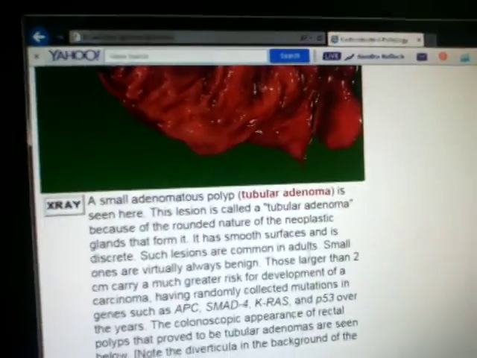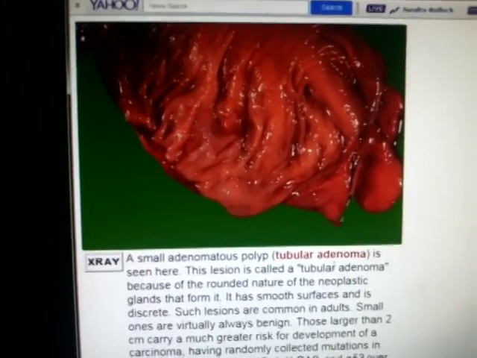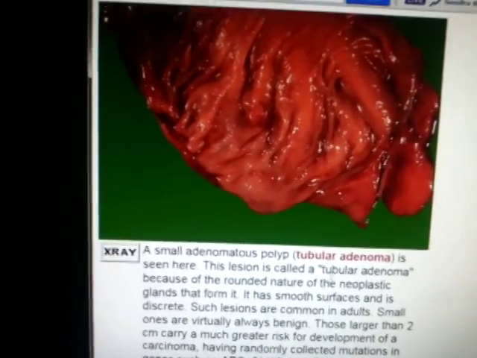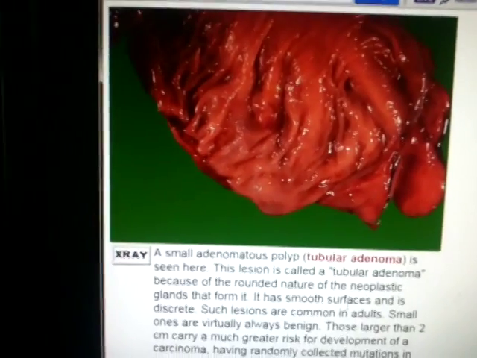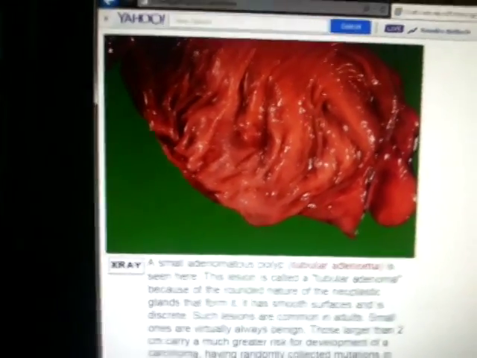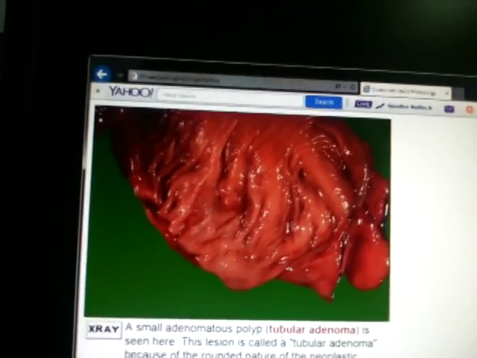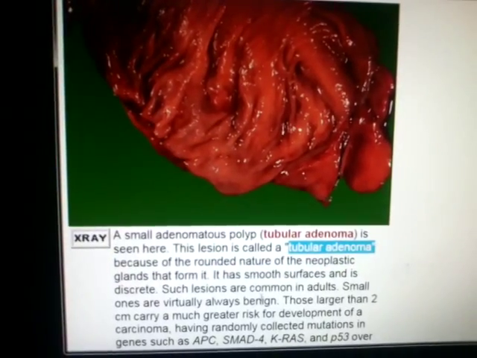The other type of polyp we call adenomatous polyp or adenoma. There are three types of adenoma depending on the histological appearance. We divide them into tubular adenoma, villotubular, and villous adenoma. And as we said, this type of polyp is a dysplastic polyp.